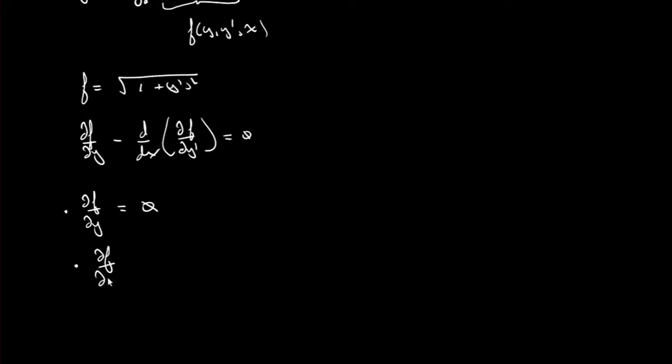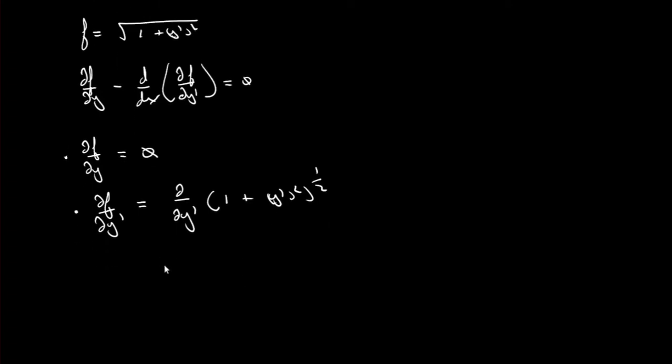Now df/dy prime is a bit more involved, because really we're trying to differentiate with respect to y prime (1 plus y prime squared) to the half, and this has just got to be a half of (1 plus y prime squared) to the minus a half, so we've multiplied by the power and reduced the power by 1, and then we multiply the whole thing by the derivative of the inside with respect to y prime using the chain rule, so that's times 2y prime.